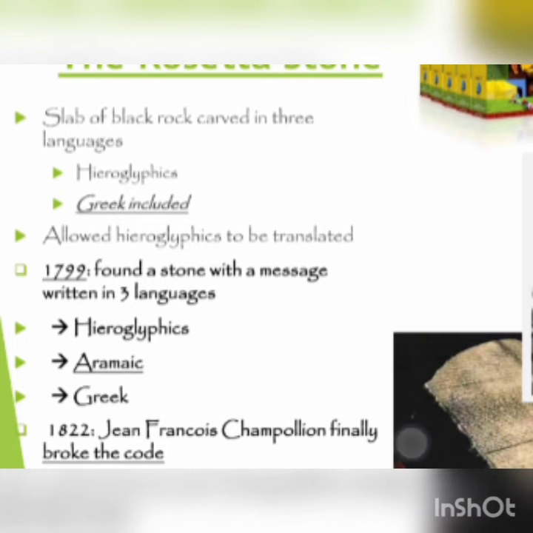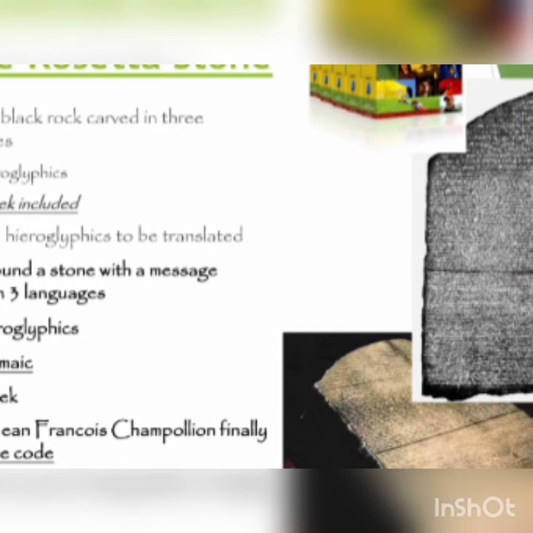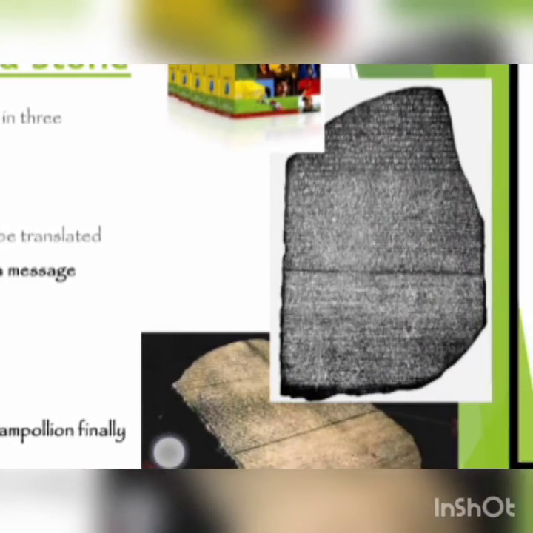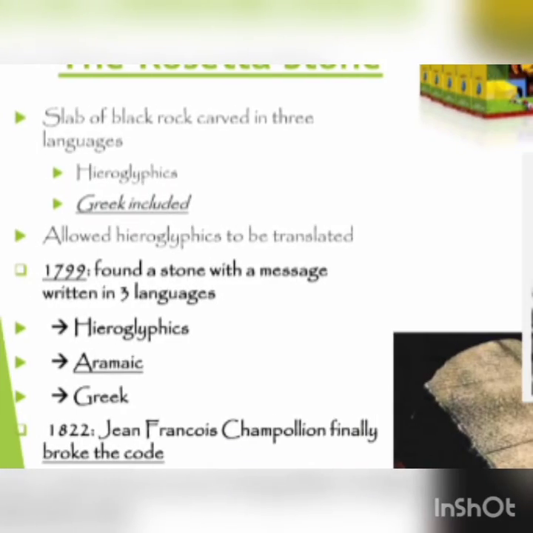First was hieroglyphics, second was Aramaic, and third was Greek. In 1822, Jean-Francois Champollion finally broke the code. So these languages were decoded. Okay.